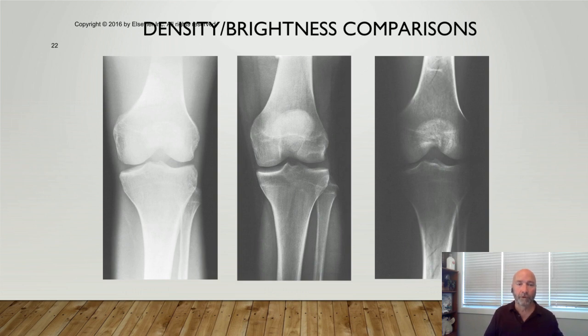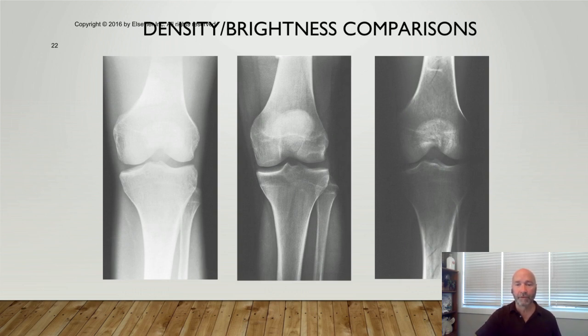So where we're looking for your contrast, this is too high contrast. The density is too low on the upper and lower portions of this, so that the difference in density is just too similar. As opposed to over here, you can see not only the difference between bone and soft tissue, but you can actually see the patella. That's the kneecap right there. And you can see separation of muscles.